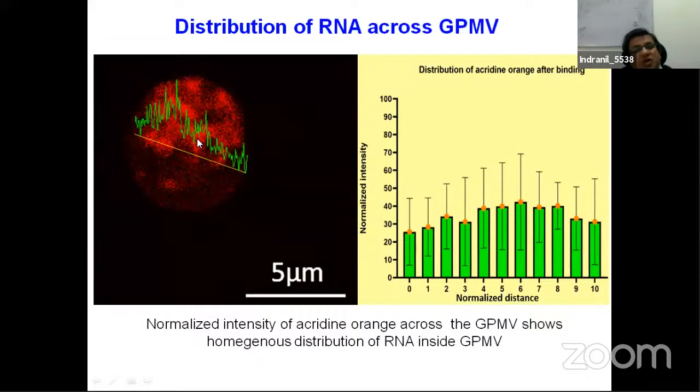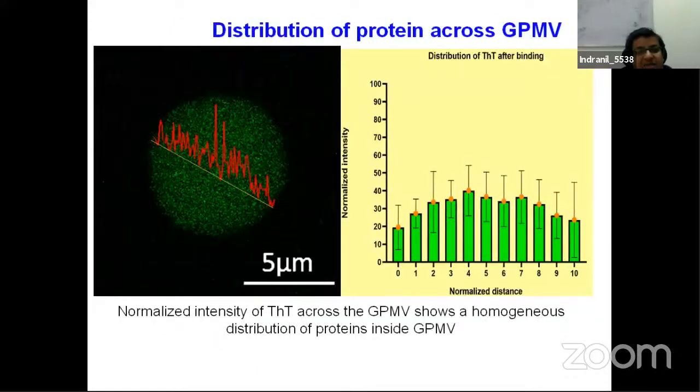The distribution of this particular dye-RNA conjugate is not uniform, and that's why you are getting this kind of heterogeneous distribution. The same is true in the case of protein, but there the distribution is a little more homogeneous in nature. So these three experiments altogether confirm that GPMV contains certain cell-derived bioactive molecules.